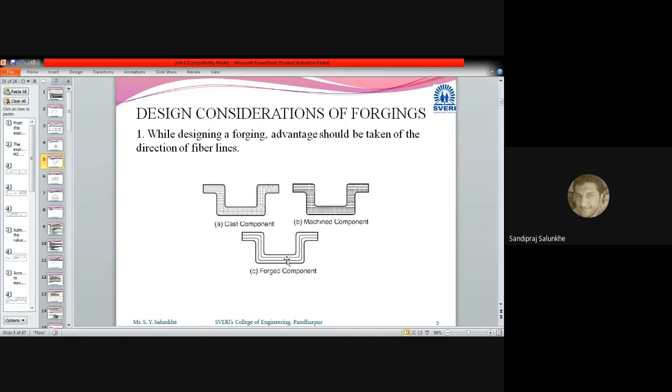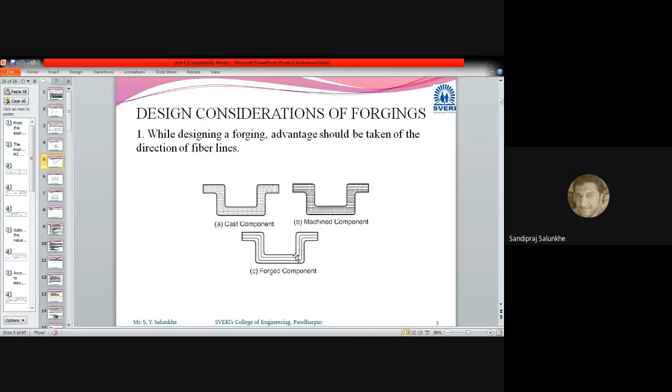Grains will not be concentrated as in casting. It will have this line type of grains, which will cool in case of forging type of manufacturing. So one should take advantage of this.